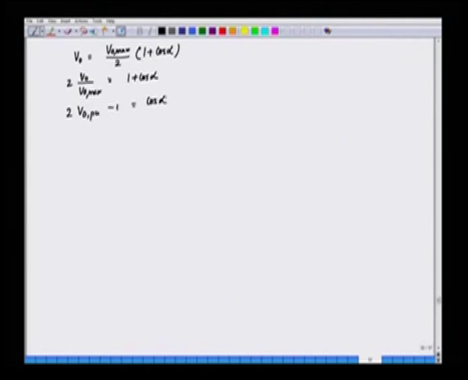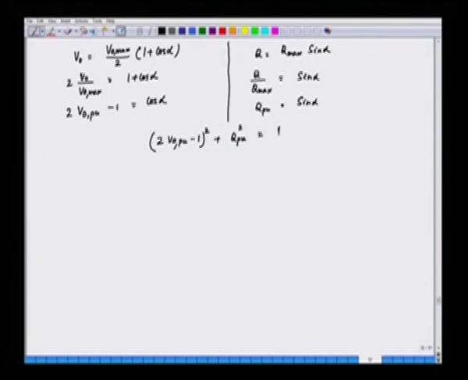In a similar way, we can say that the reactive power Q is equal to Q max into sin alpha, or Q by Q max is equal to sin alpha, or Q per unit is equal to sin alpha. And from this we have the equation V naught per unit minus 1 whole square, that is cos square alpha, plus Q per unit square, that is equal to 1.